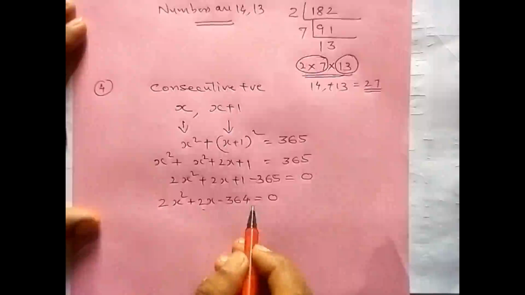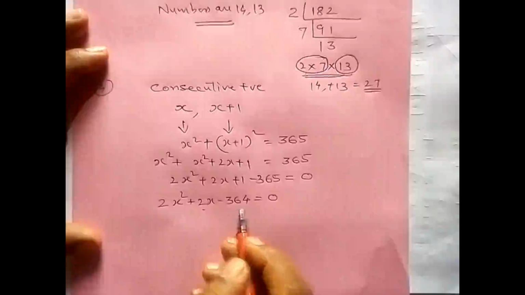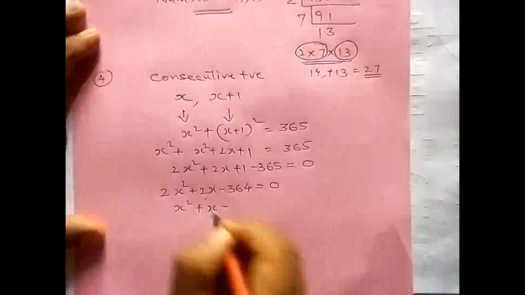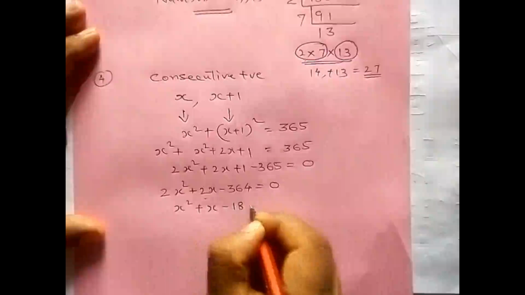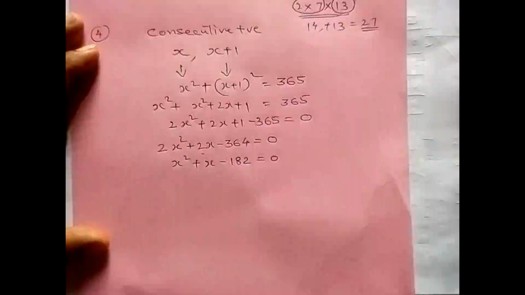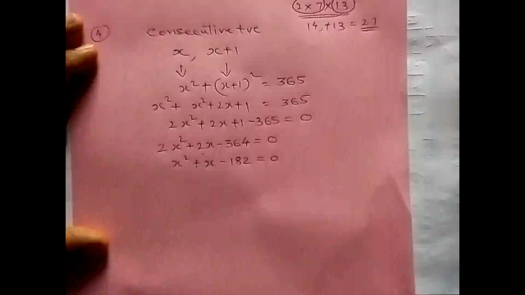All these terms are multiples of 2, so we can divide by 2 easily. So we will get x square plus x minus 182 equal to 0.